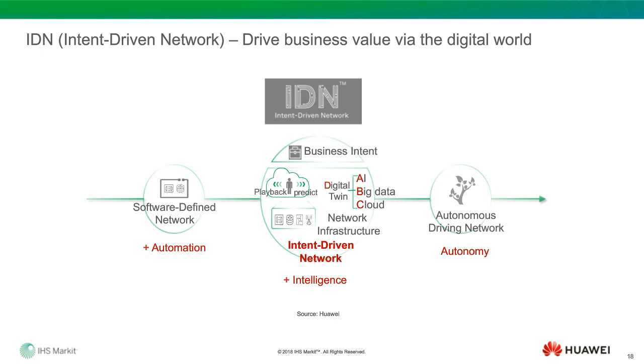We leverage intent-driven to drive business value. As I mentioned, we try to think about how to create the digital twin. This is number one, we have to do it. And once you have a digital twin, then we can build some intent-driven capabilities. That means moving forward, your network will be business-centric or experience-driven instead of purely network-centric.